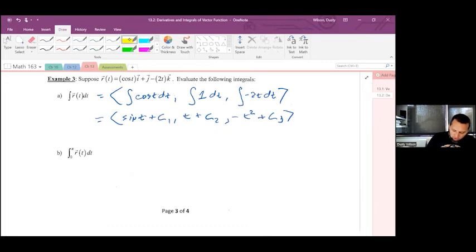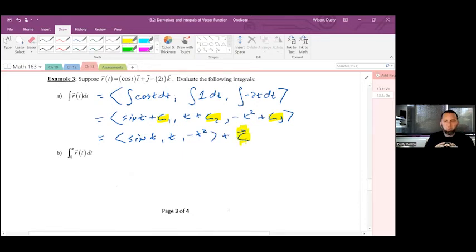And then notice that c1, c2, c3 are constants. So we might write this as the vector sine t, comma, t, comma, negative t squared plus some c vector. So I've combined my c1, c2, and c3 into some c vector.